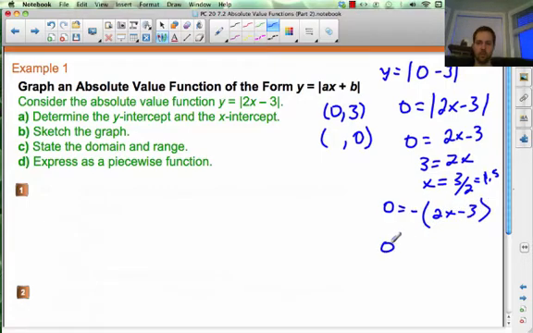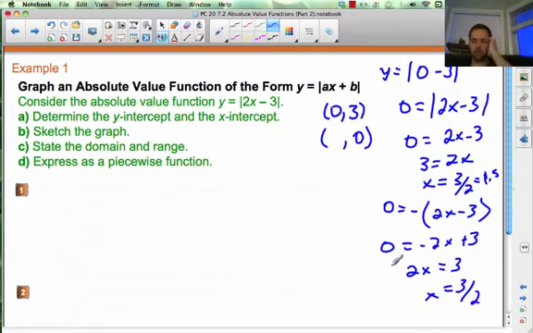And then we solve this one. 0 equals negative 2x plus 3, 2x equals 3, and x equals 3 halves. So we happen to get the exact same value here, which is nice. So we know that that is going to be our x-intercept.